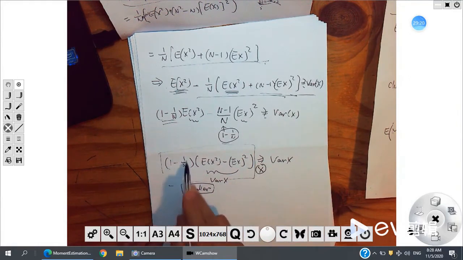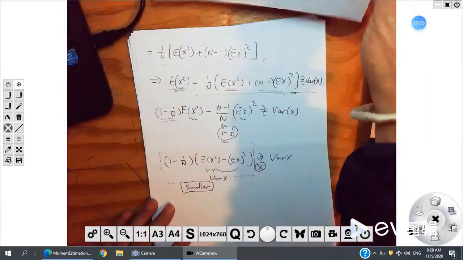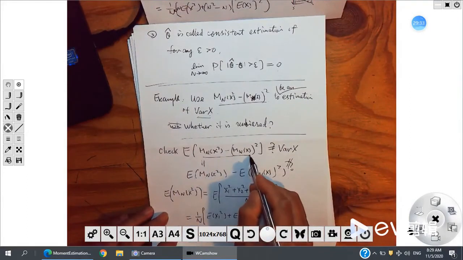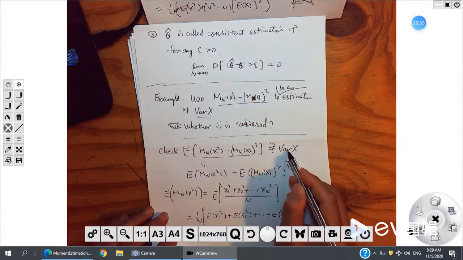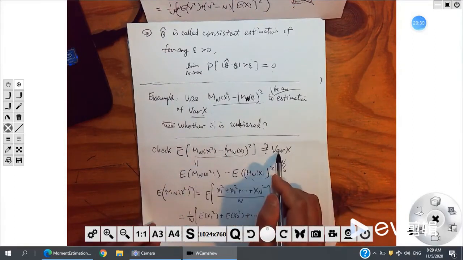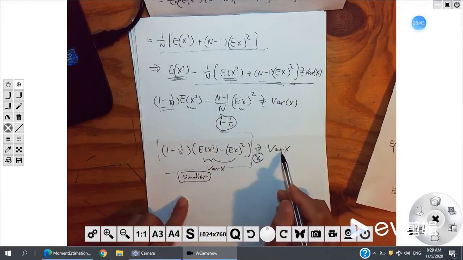This number is smaller than 1, so you have a smaller estimation. If you use this as an estimation of the variance of x, you cannot have the mean of this equal to the variance. The mean of this is actually smaller.